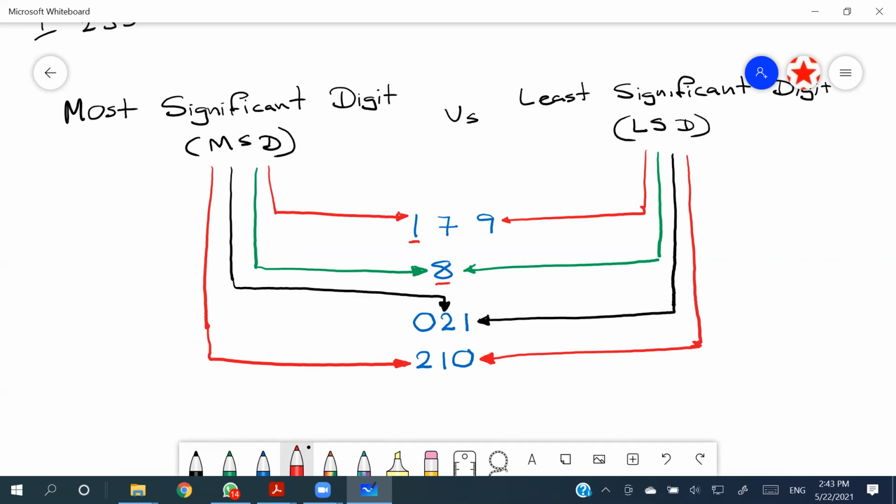When 0 is there as the leftmost value, we are not considering that as the most significant digit. Instead, we consider 2 as the most significant digit. And when it comes to the least significant digit, no difference to an integer, right? It will be the rightmost value.